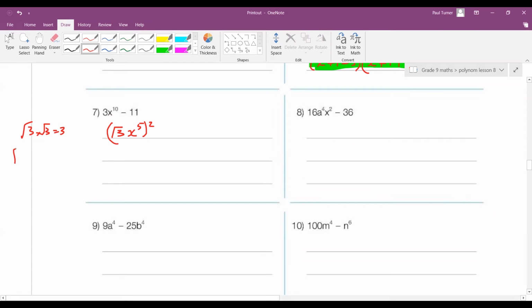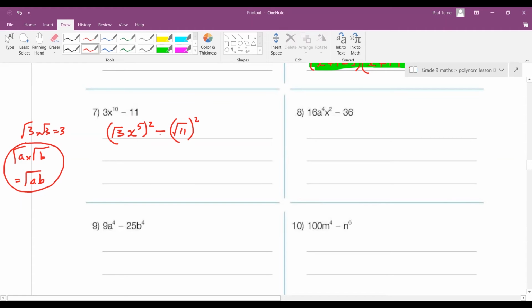You could remember the rule, root A times root B is the same as root AB. Remember that rule, that's quite useful. And 11, again, it's not a perfect square, so we're going to have to make that root 11 squared. Root 11 times root 11 is 11.